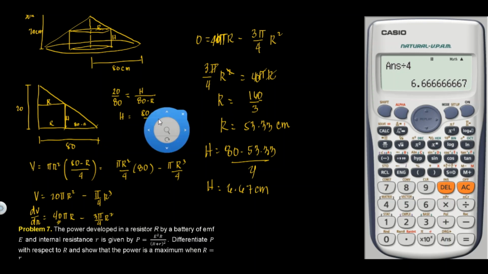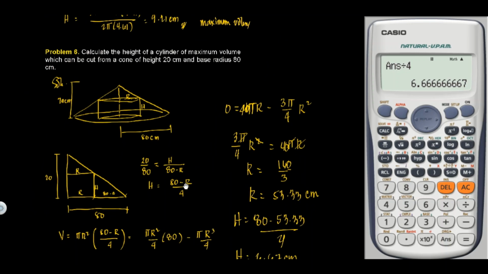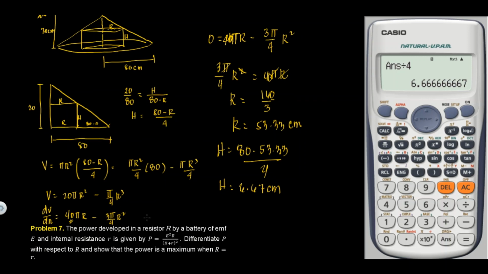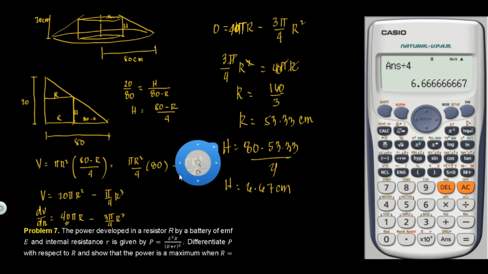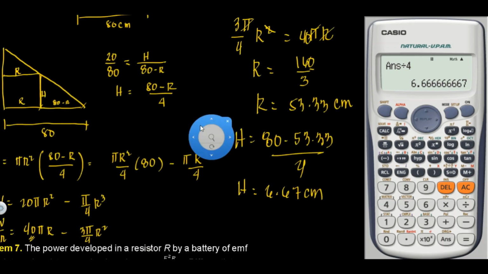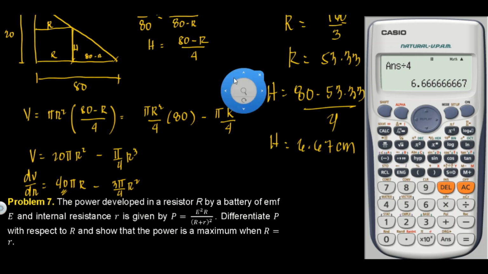Okay, ang sabi, maximum volume. Okay, so, differentiate mo lang to. Again, so second derivative of V. Okay, second derivative of V with respect to R is, ilan to? 40 pi minus, so 2, bababa.